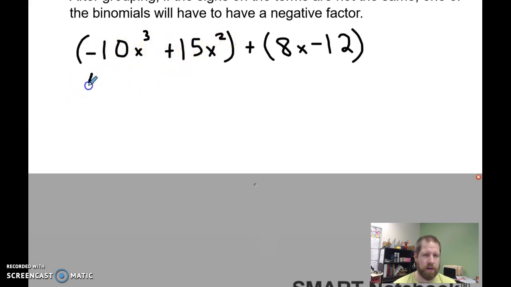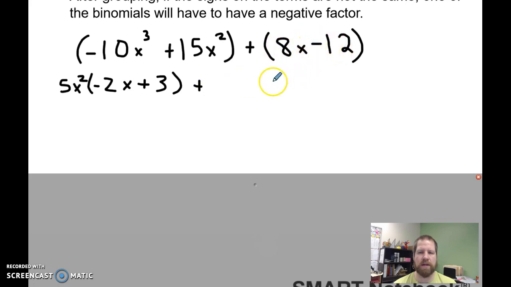If I pull out my 5x squared, I'd be left over with -2x plus 3. And I'm going to do the same thing over here, with 8x and -12. Don't worry about the negative right now. That's going to go into your binomial later on, and then we'll worry about factoring that out.